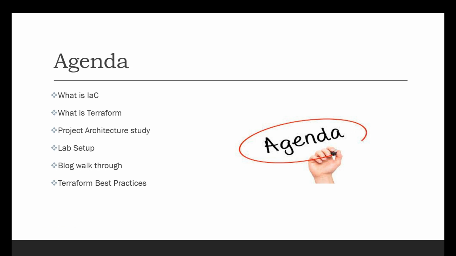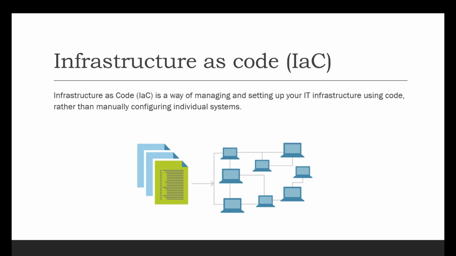So let's move and understand first what is IAC. IAC is nothing but infrastructure as code. It's a way of managing and setting up your infrastructure using code rather than manually configuring individual systems.